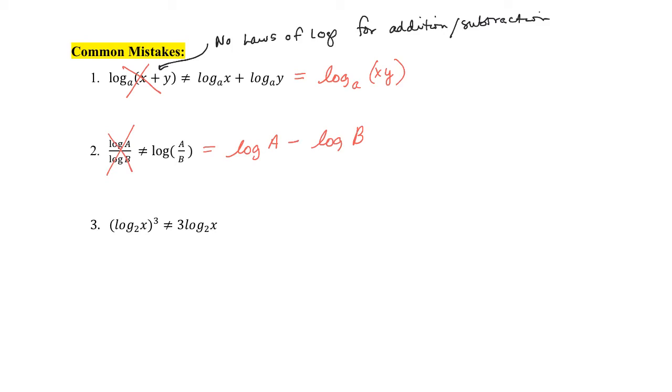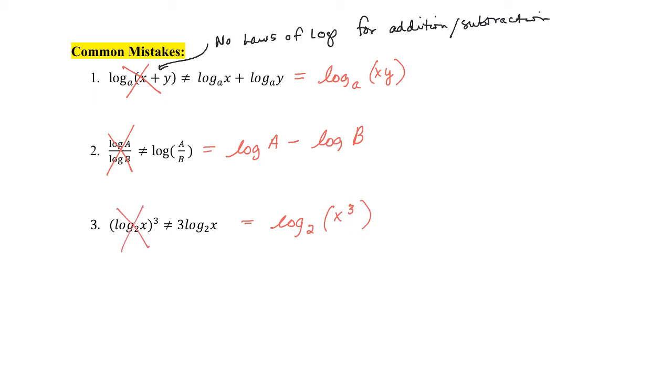And then the third one is that log base 2 of X, that entire quantity cubed, is equal to 3 times log base 2 of X. That's not true. In fact, 3 times log base 2 of X is actually equal to log base 2 of X cubed. So only the X value is cubed, not the entire quantity.